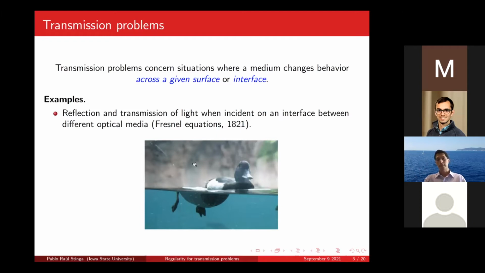There is a wave equation for the light in the air, and there is a wave equation for the light in the water. When the light passes from air to water, something is happening at the interface. There is a transmission that makes the solution discontinuous, as you can see here.